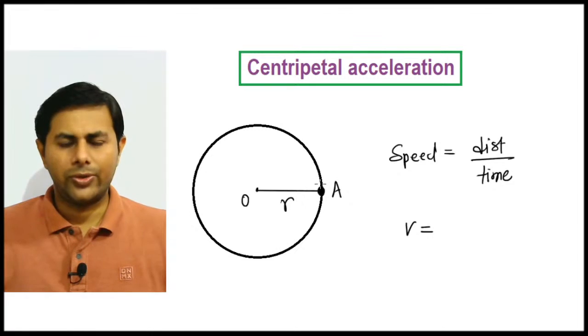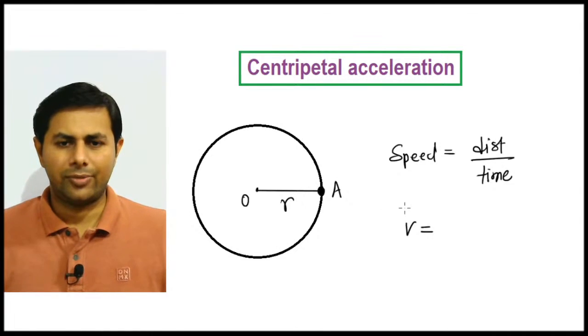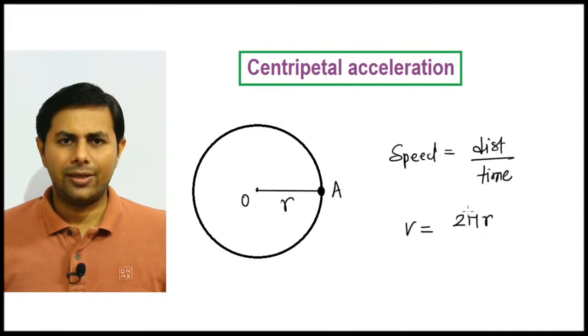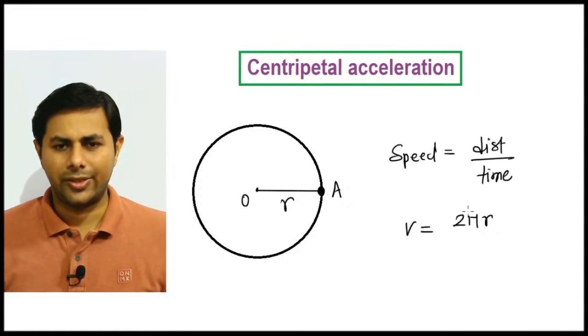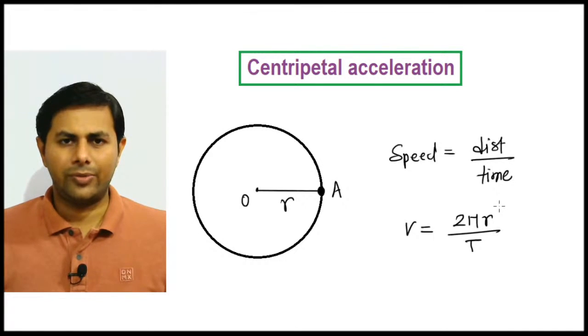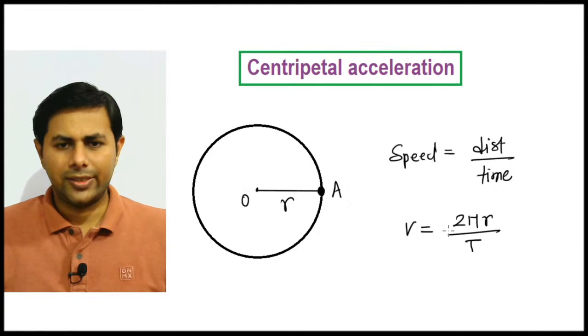So in one revolution, the distance covered by this object is 2 pi r, and time taken by this object to complete one revolution is known as the time period of this object. So speed of the uniform circular motion is equal to 2 pi r divided by T.